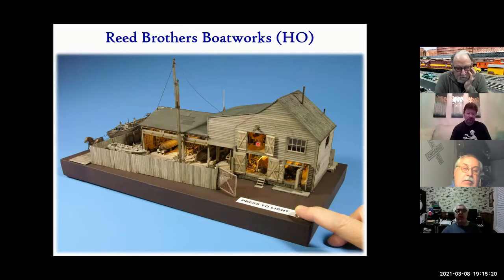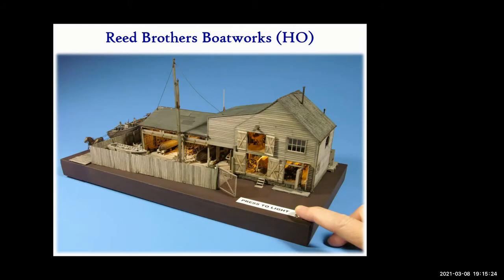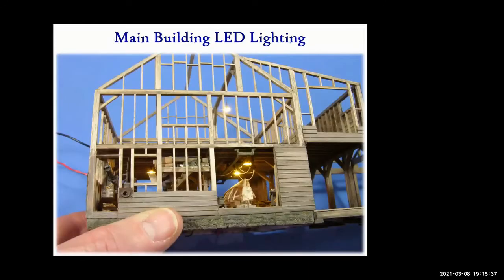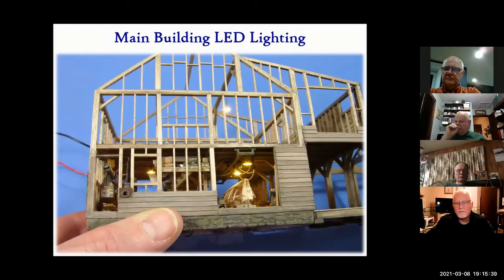So you can see that in this case, there was no need really to have any removable panels or roofs, because you can really see all the detail with the LEDs. So this gives you a little bit better idea of what they look like in proportion to the detail. So these are Grandt Line lampshades. They're styrene.